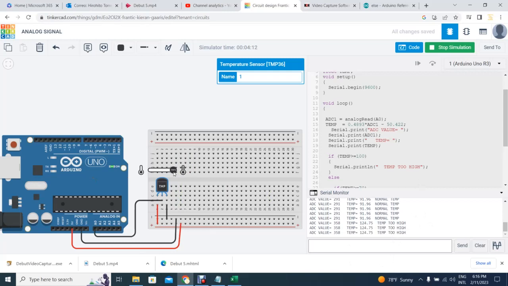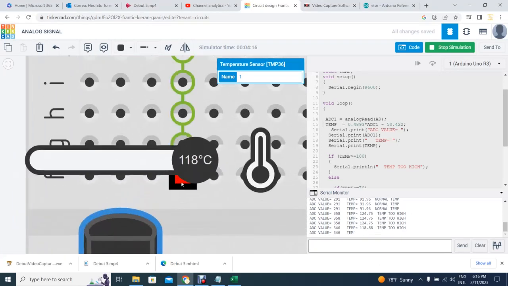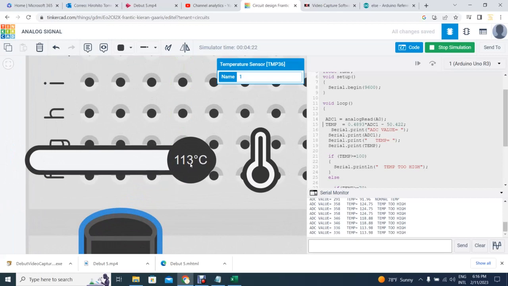For example, 118 is too high, 114, 113, because that's what we programmed. We programmed it to give us this type of message when the temperature is too high. If I get to about 100, 99, 98, now the temperature is back to normal.